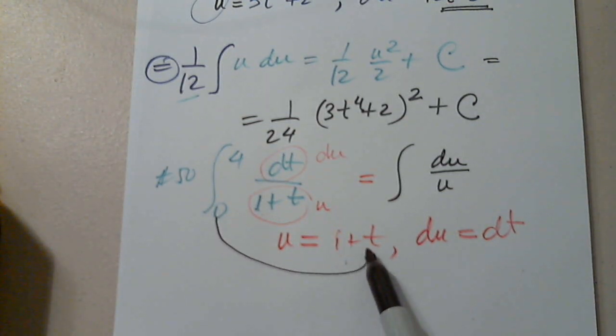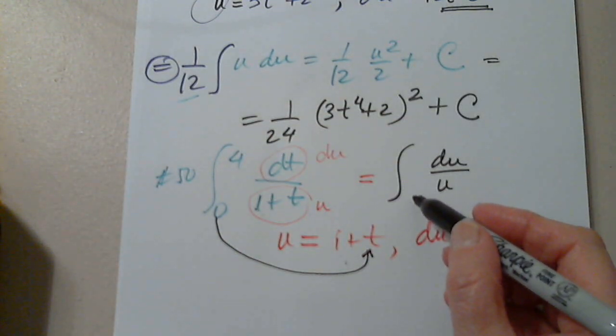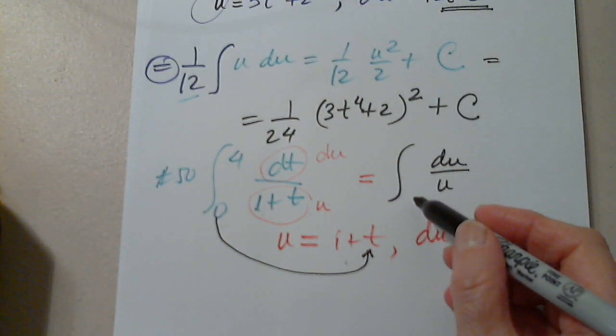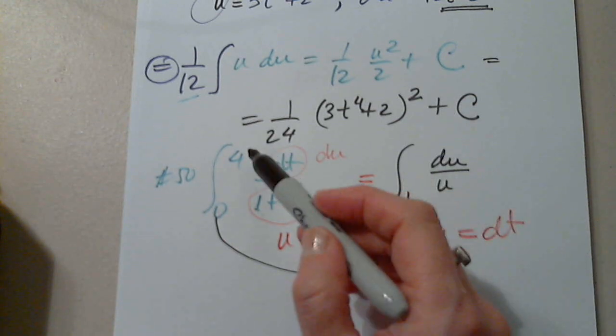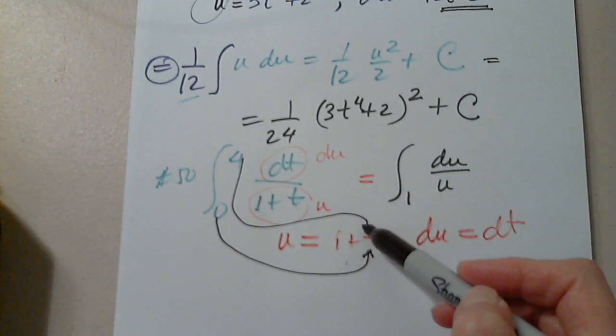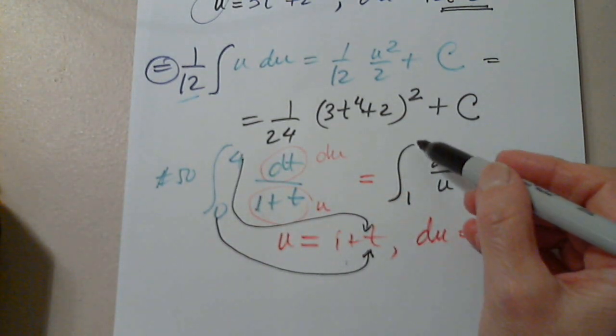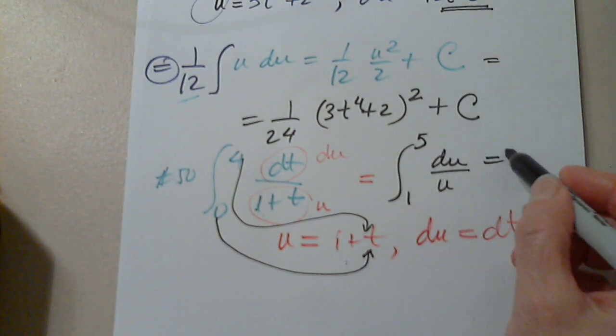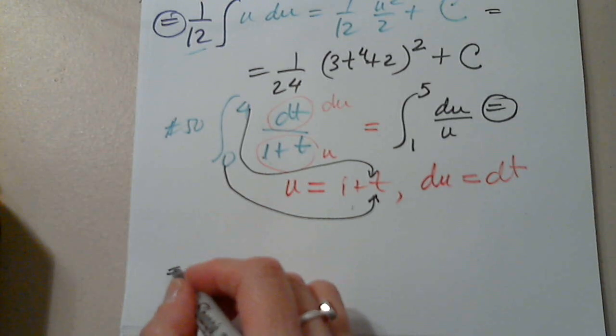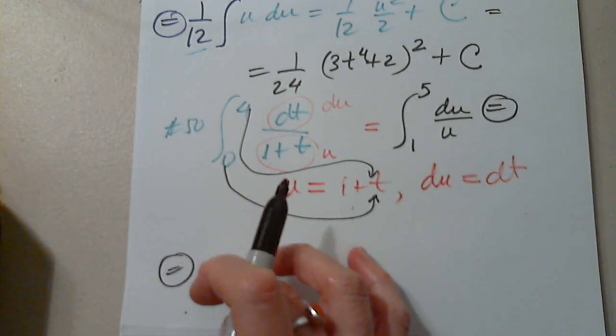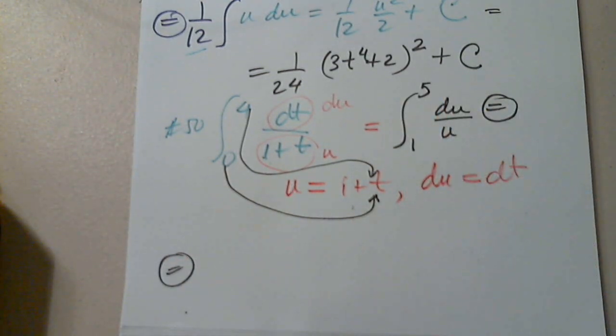When t is 0, how much is u? 1. Very good. When t is 4, how much is u? 5. Very good.